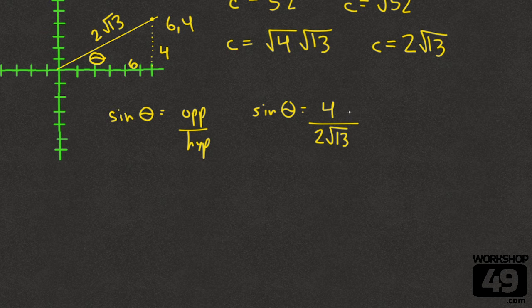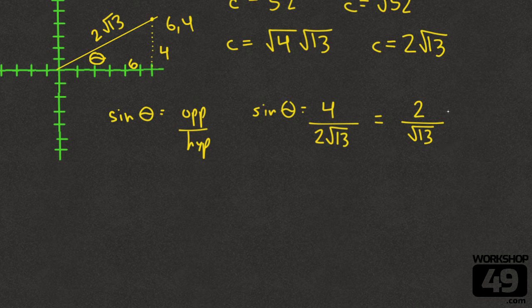We got to use all of our little math skills. The first thing we should see is that 4 over 2 is reducible. So we could write this as, we do 4 divided by 2, 2 over root 13. However, you should also recognize that we cannot leave a radical in the denominator.